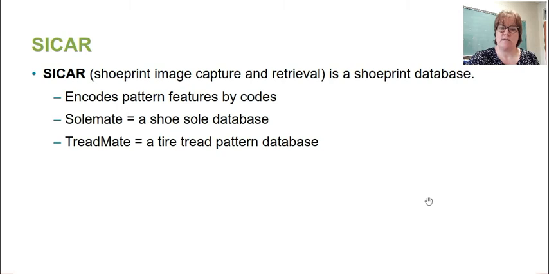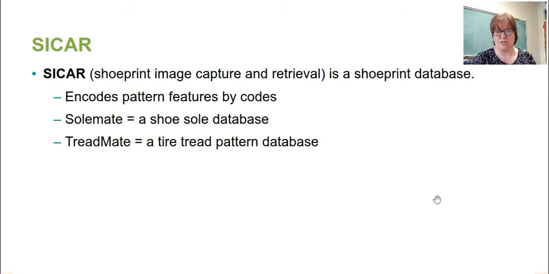Another one is SICAR, the Shoe Imprint Capture and Retrieval. It's a shoe imprint database, but it also has tire tread. It's encoding pattern features, so it comes up with codes for the pattern features, so that there's a system to sort through different ones rather than just looking at 80,000 possibilities.